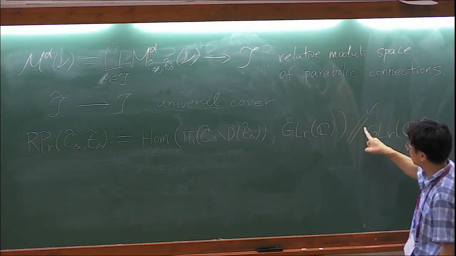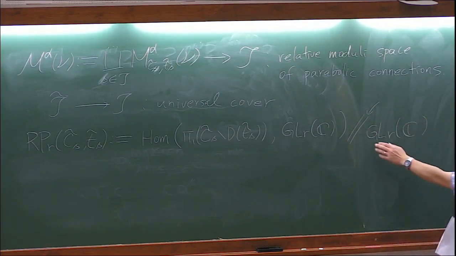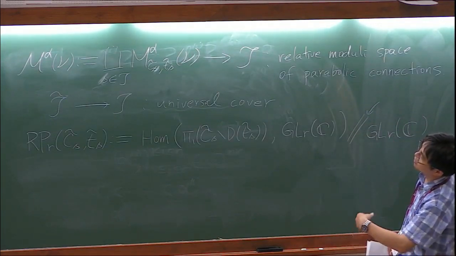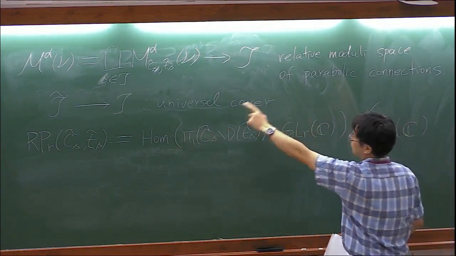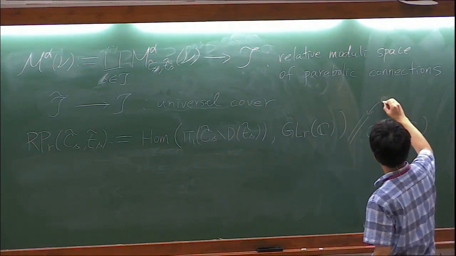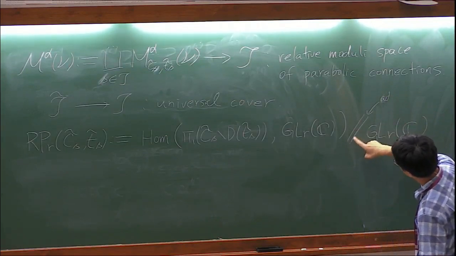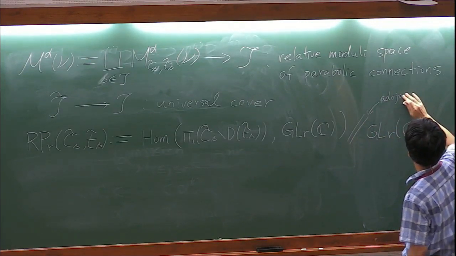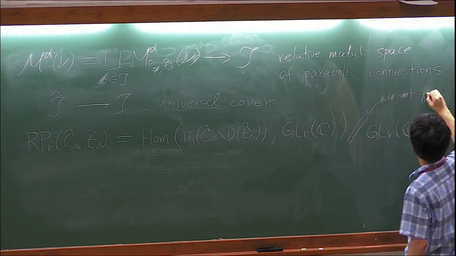But for the definition of the quotient, we consider the invariant ring of this affine space with respect to the adjoint action. So we should take a categorical quotient, the adjoint quotient.